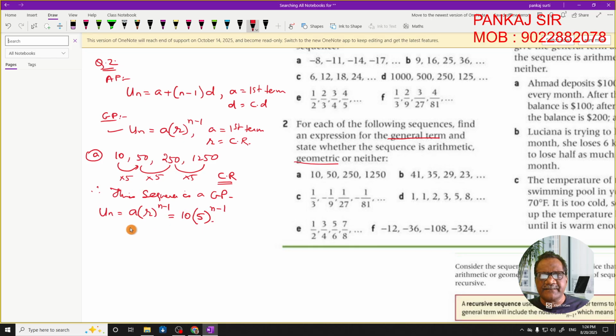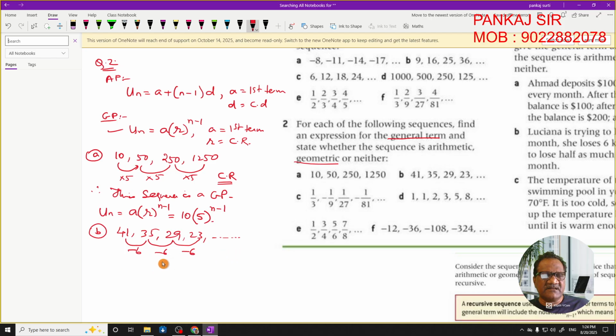So that was A. Coming to B, the sequence is 41, 35, 29, 23, and it goes on. You can see that 41 minus 6 is 35, 35 minus 6 gives you 29, and 29 minus 6 gives you 23.